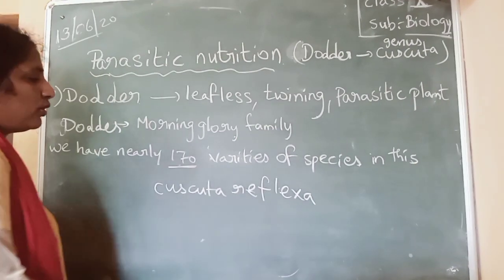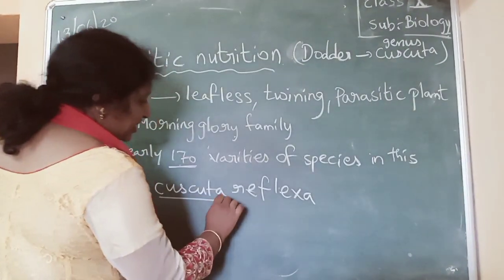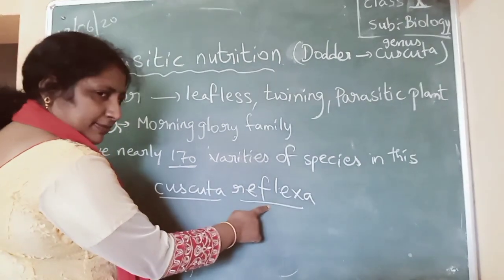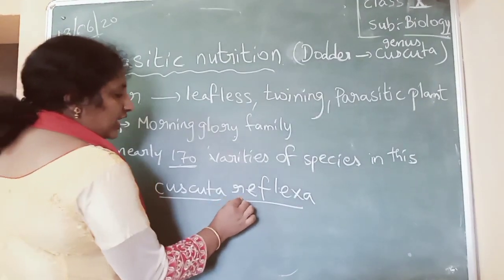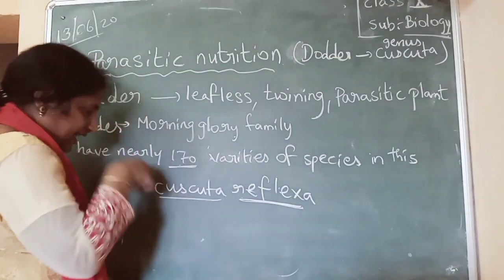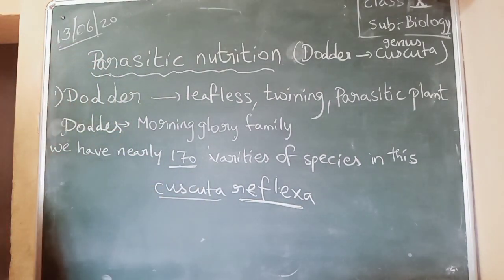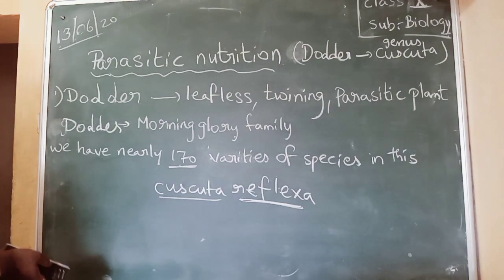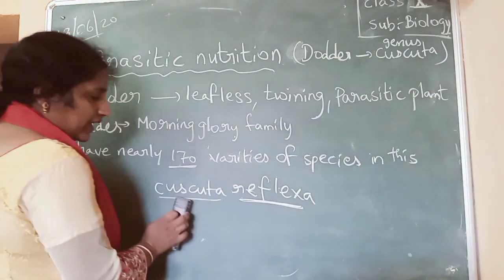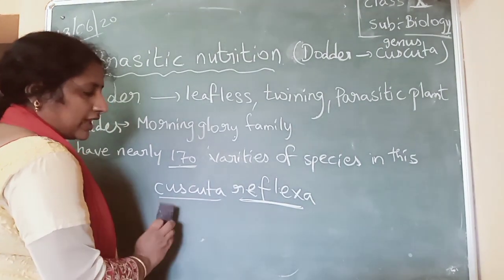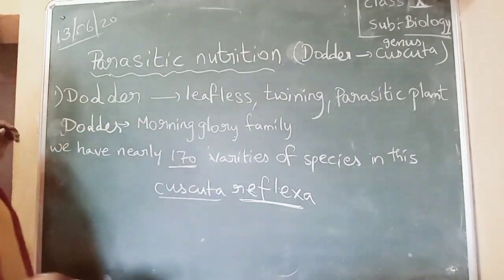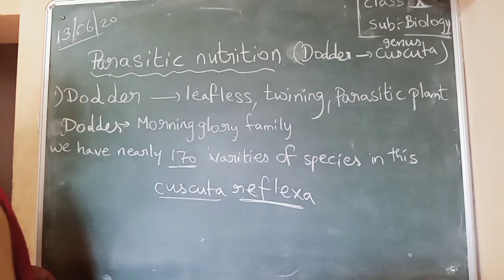Today we are going to study the species Cuscuta reflexa. This is the genus, this is the species. So in genus Cuscuta we have how many varieties? 170. Today we will study Cuscuta reflexa, whose common name is the dodder plant.